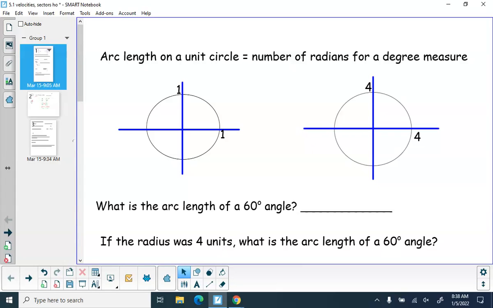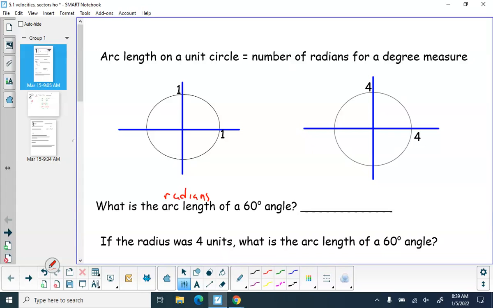Well, if we have an angle of 60 degrees, what is the arc length for that angle of 60 degrees? If I'm asking you what the arc length is, that's also your number of radians on a unit circle.